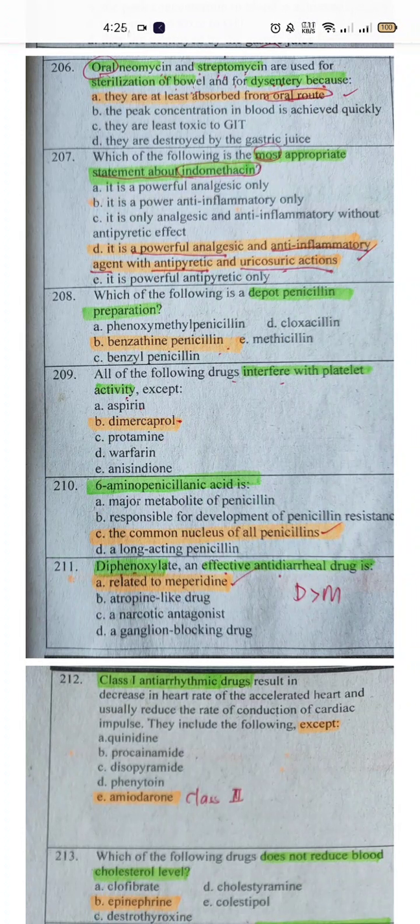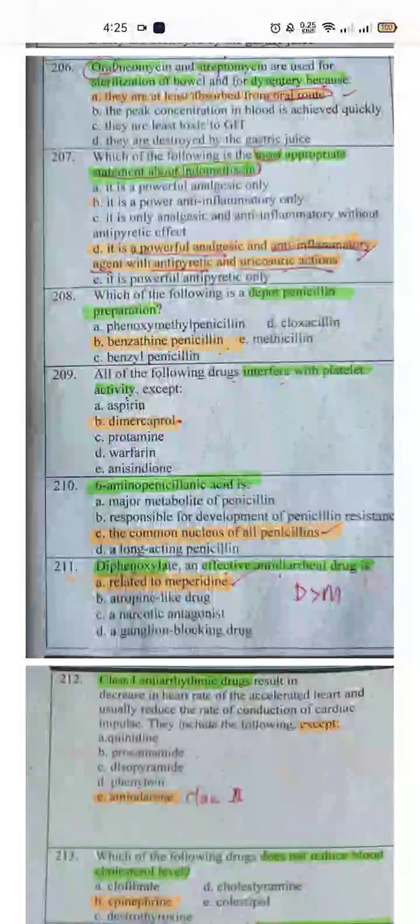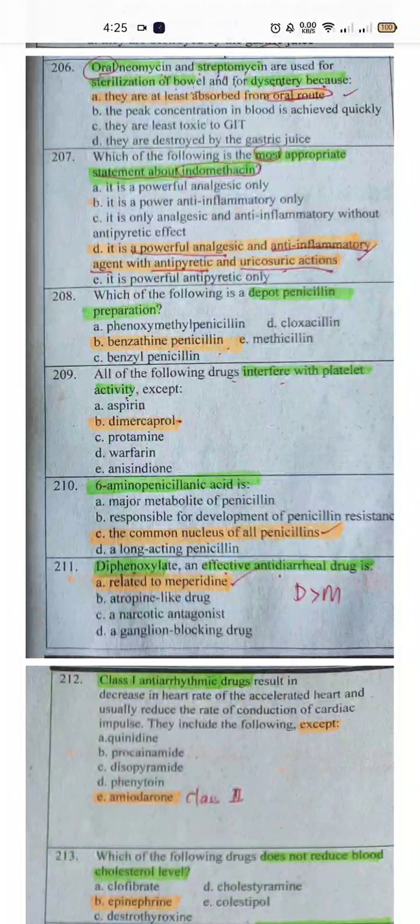212. Class 1 antiarrhythmic drugs result in decrease in heart rate of accelerated heart and usually reduce the rate of conduction of cardiac impulse. They include the following except your amiodarone. So the exception here is amiodarone.